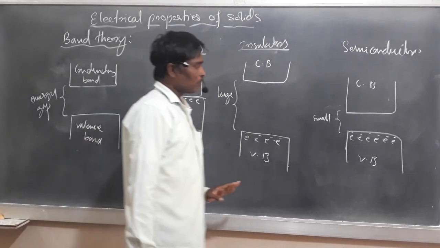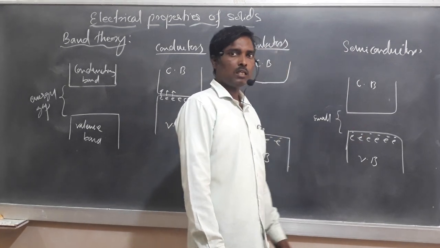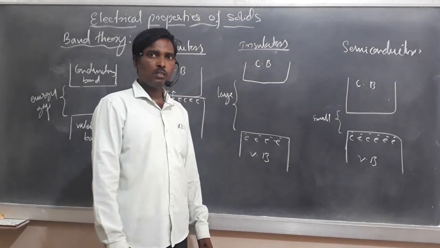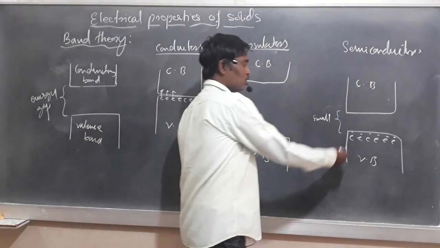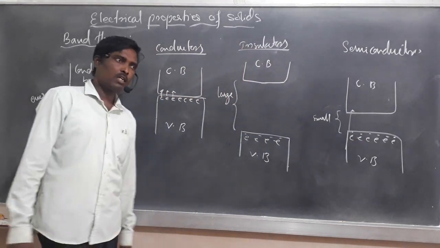By increasing the temperature, the conductivity of semiconductors increases, because the energy of the electrons increases and more electrons jump from the valence band to the conduction band.